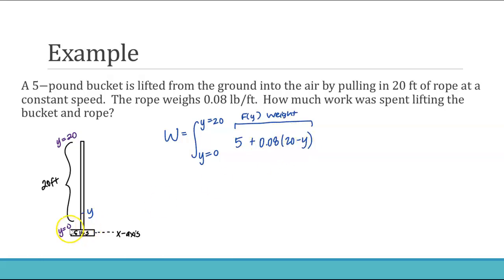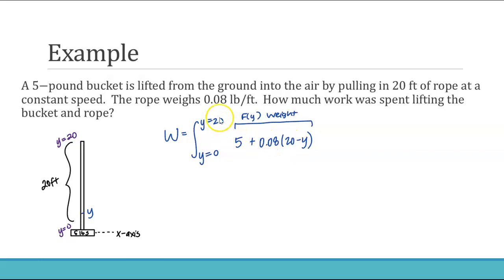Well, if I plug in y equals 0, then in the parentheses I get 20 minus 0, which is 20, and 20 times 0.08 is the weight of the rope, 1.6 pounds, plus there's always 5 pounds at the bottom. So yes, this does make sense.